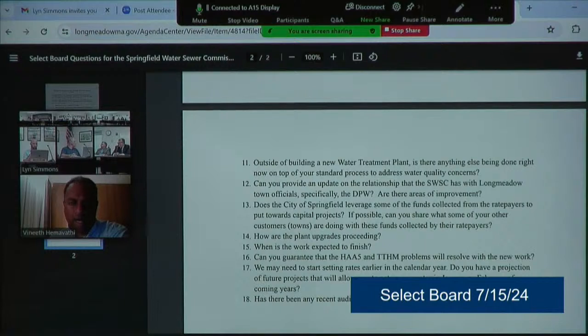Great, thanks. Number 13, this question's about whether you'll leverage funds collected from Springfield ratepayers to put towards capital projects, and what the practices of some of your other wholesale customer towns are.